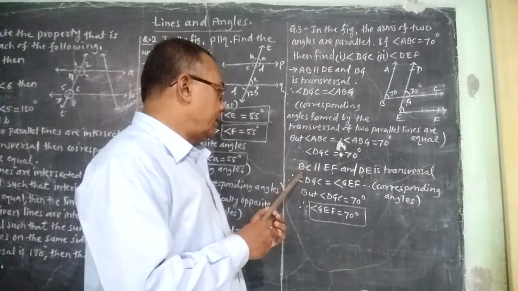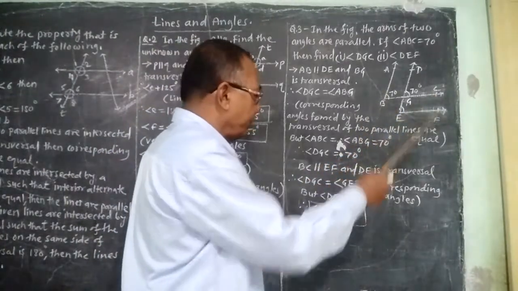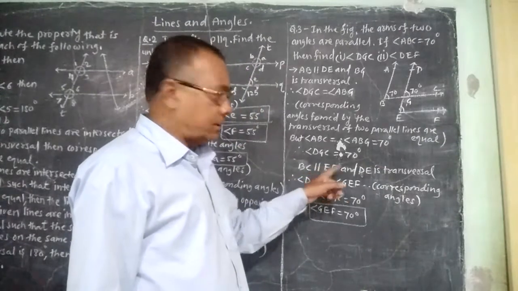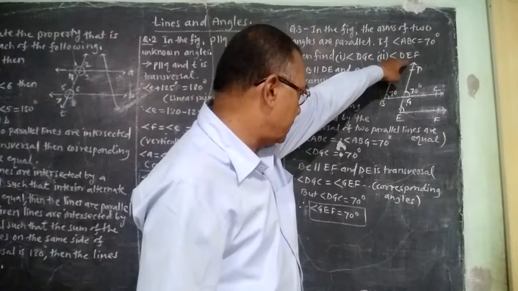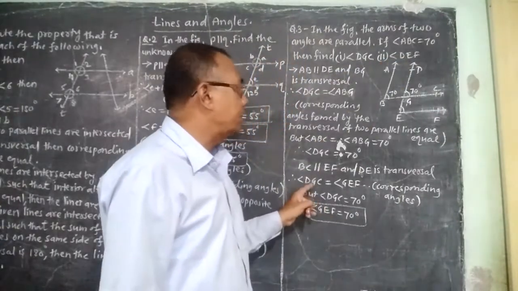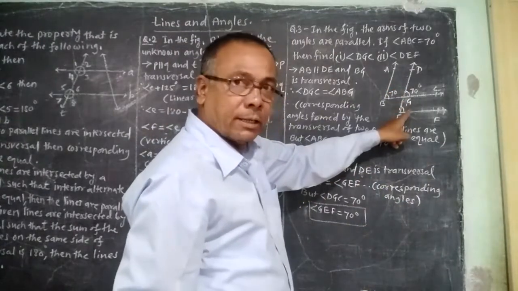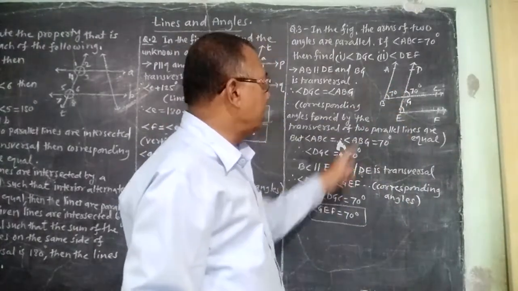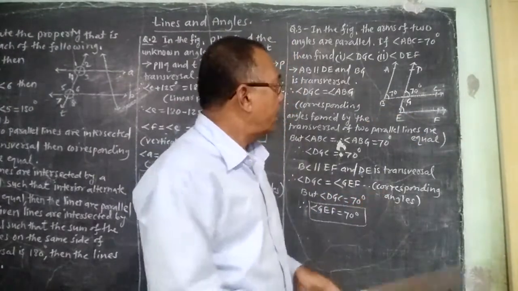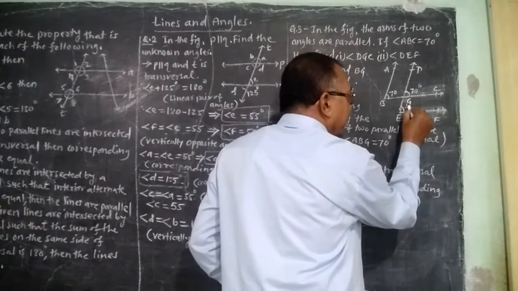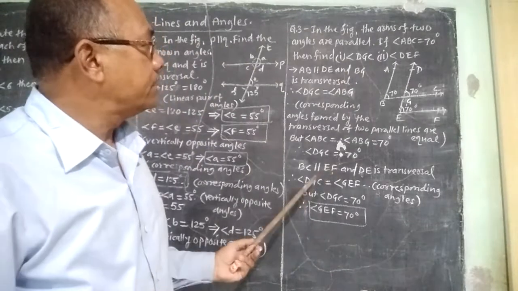Now here BC is parallel to EF, these are the two parallel lines, and DE is a transversal. Therefore angle DGC and angle GEF are also corresponding angles, and if this angle is 70, then GEF is also 70.